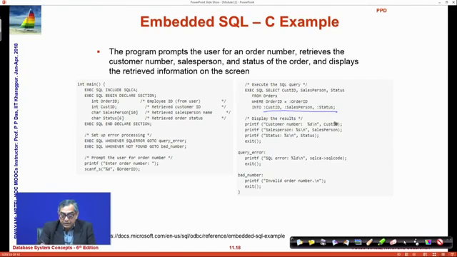Once you have got this, you are using those values to print out the result, and in case this query has got into some problem because of SQL, then it will automatically jump to this particular label. If it has got a bad number, which means that no such record was found, it was a null table, then it will immediately take you to this. So, this is how embedded SQL works.